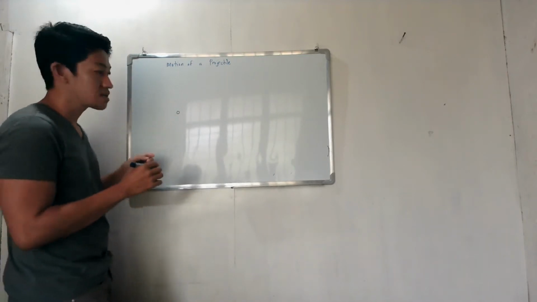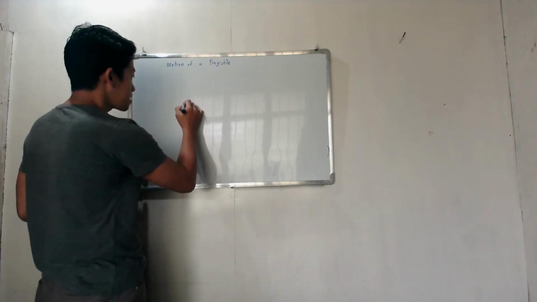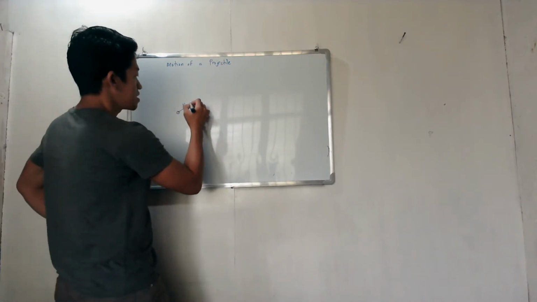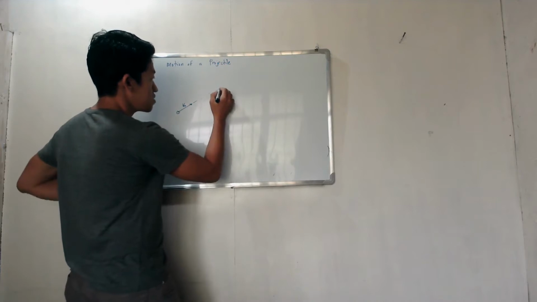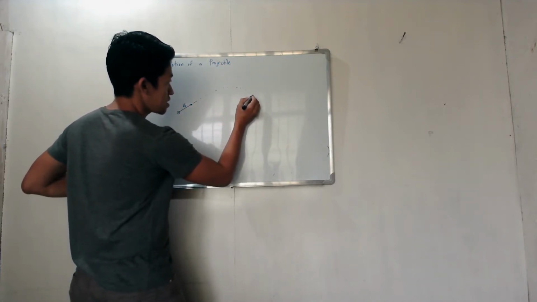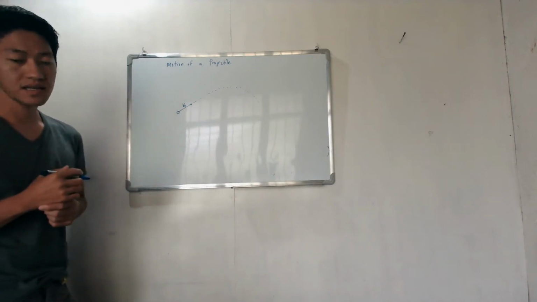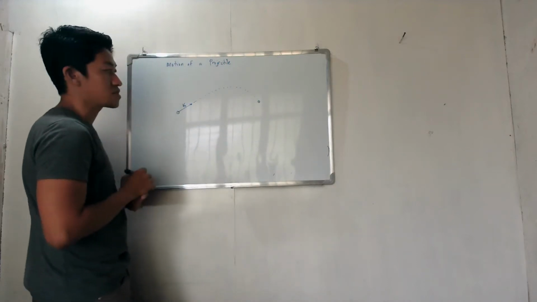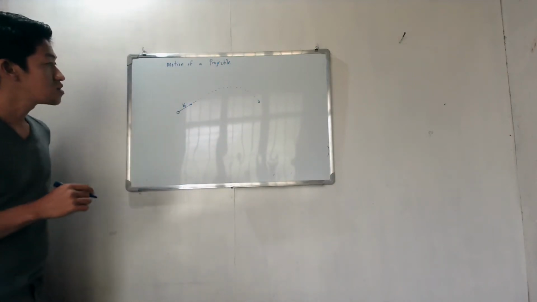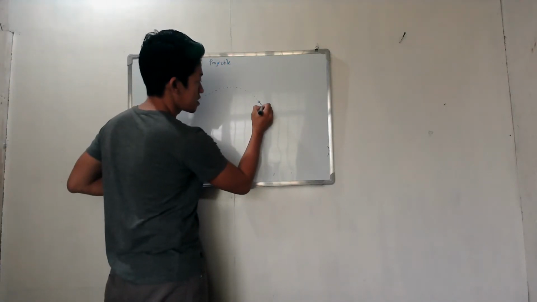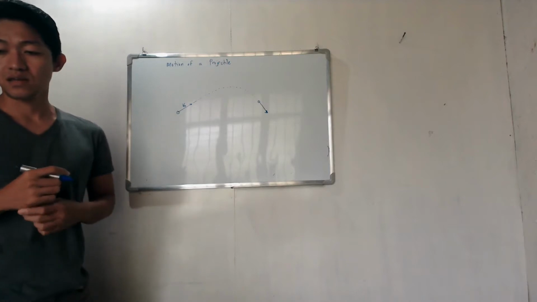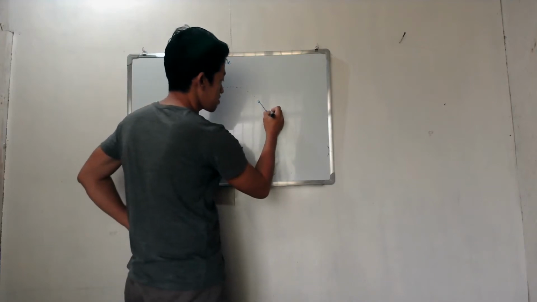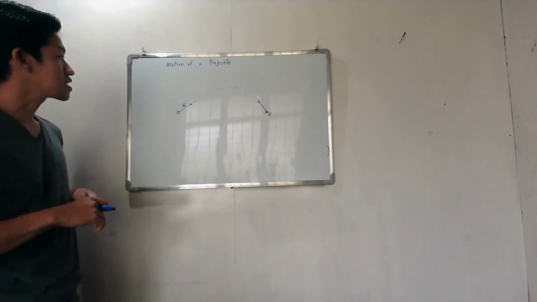Initially this is your object, with initial velocity V sub o. Then it travels, and say for example it arrives here. Again it has a velocity V, which is tangent to your path. So velocity V is the final velocity.